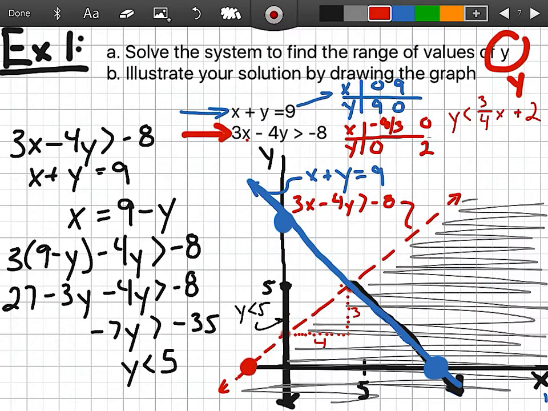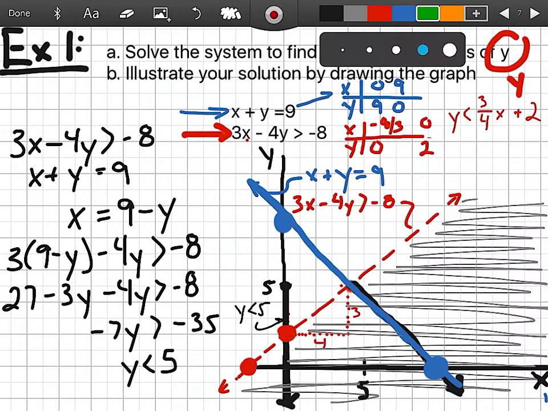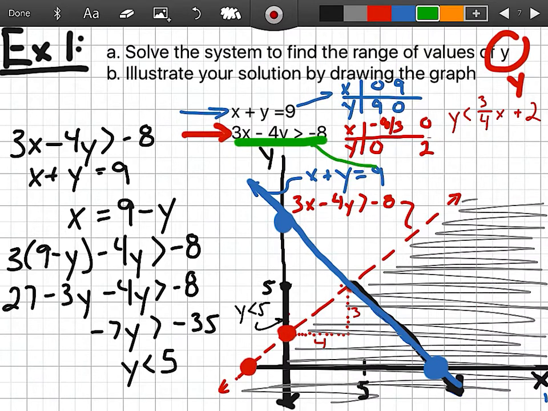And on this particular one, you can also use rise over run. What I did is I took this equation and converted it into y equals mx plus b form, which allowed me to extract that m was 3/4.